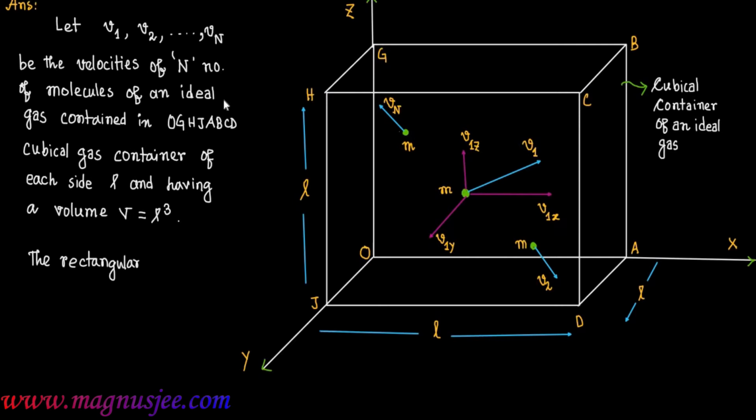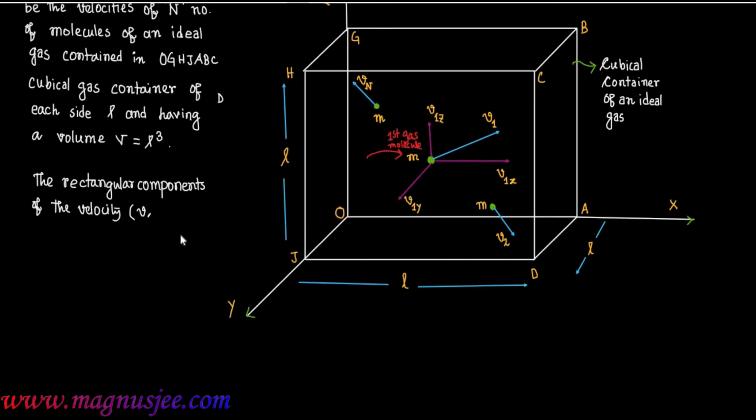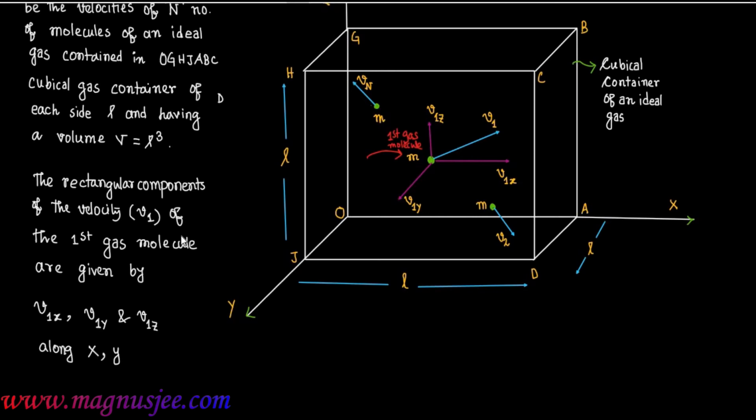The rectangular components of the velocity v1 of the first gas molecule are given by v1x, v1y and v1z along x, y and z axis respectively.